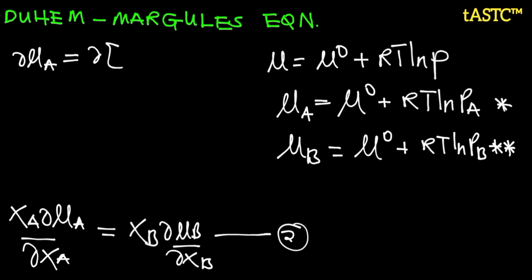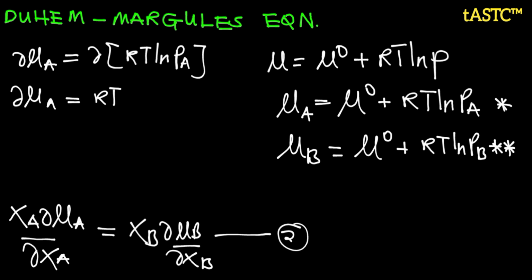So this will be d of RT ln P sub A. Now we know also that R and T are constants, but in this case they are multiplied with the variable, so we might not want to call them constants ordinarily. They will be called coefficients. So in that case, we're going to bring them out and have d mu A in this form. This is RT d ln P sub A. So this is the form that we need to keep.